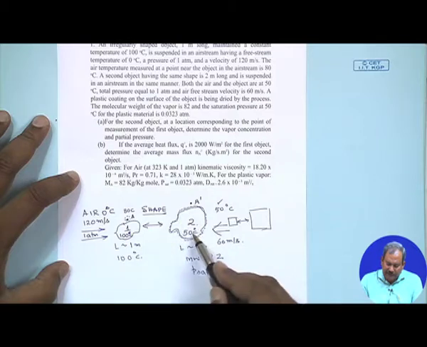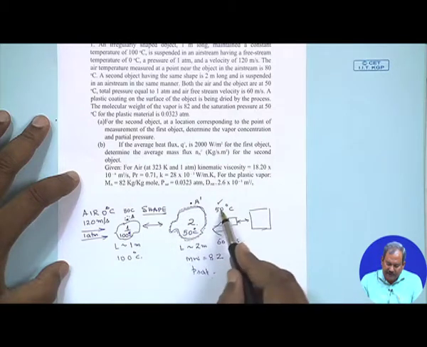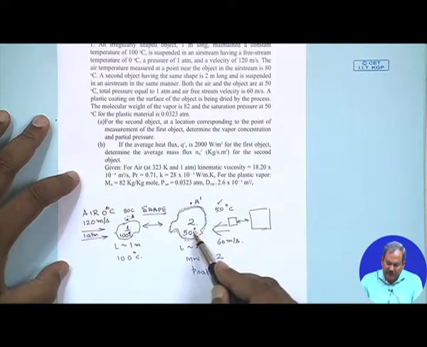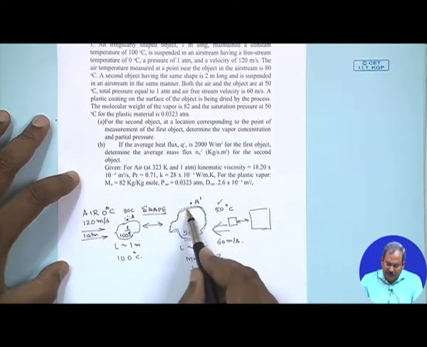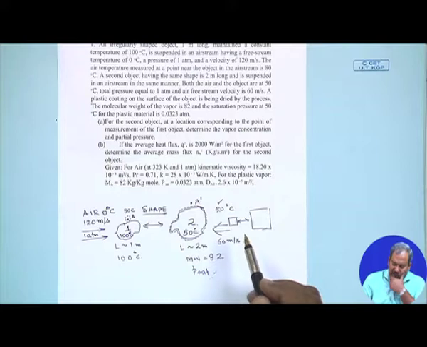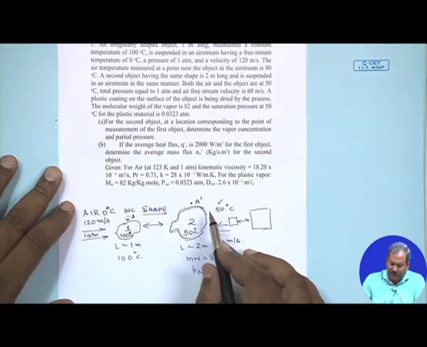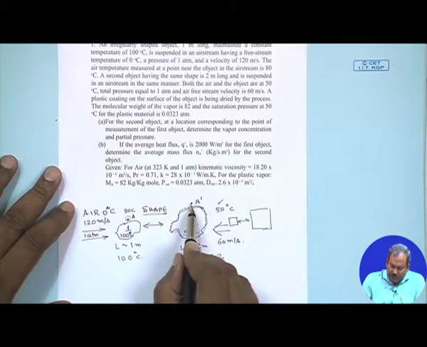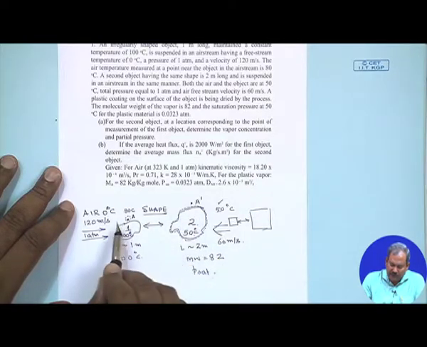In here, since the object and the air are at the same temperature, no heat transfer is taking place. But you have a plastic material on top of it which is getting dried, so slowly you have some evaporation from here in order for this plastic to be dried. So, you cannot measure the vapor concentration because you do not have the tools to measure concentration, but you have tools to measure the temperature, which you have done.